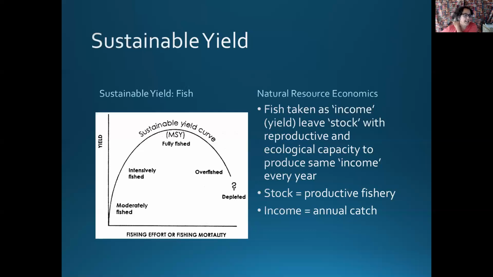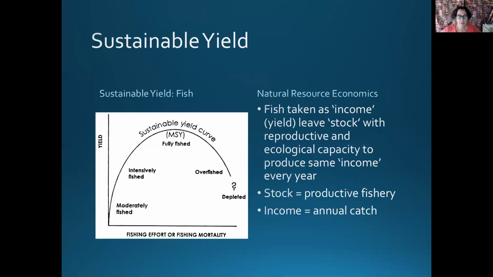So you can see that on the bottom part of that graph, there's something called fishing effort. So how much time or machinery, or the combination, you put into fishing along that bottom axis, and the yield on the y-axis.